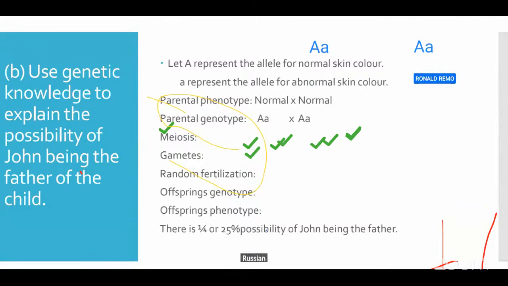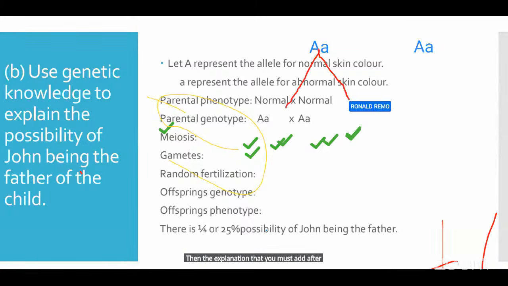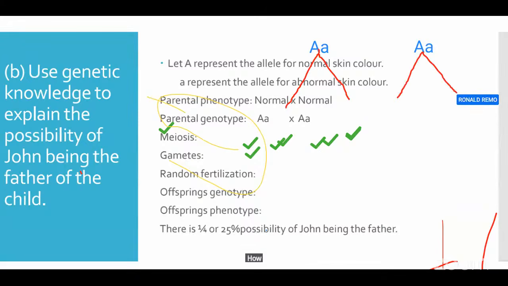Shanice, I don't know what your question was. Then the explanation that you must add after. Already the genetic process are the explanation. I see the challenge questions keep coming in. How about if you use XY for man?